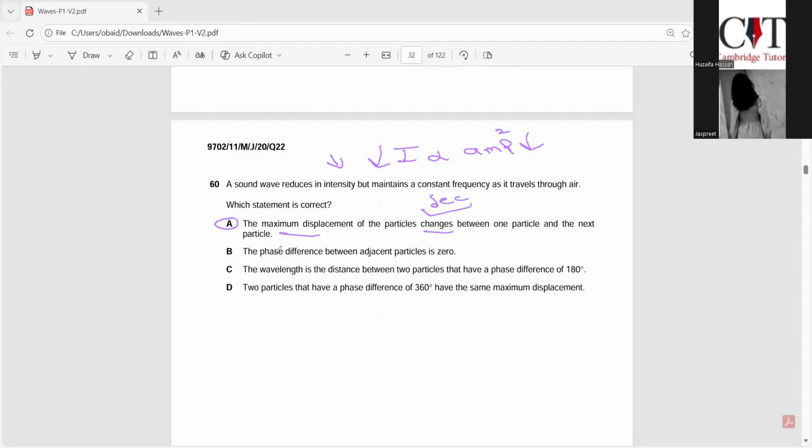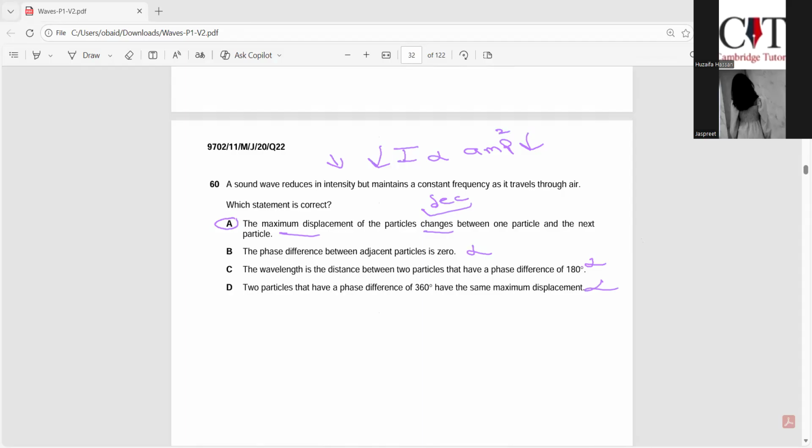A is correct here. The phase difference, no. Intensity does not change the phase difference. So all these points of phase difference are wrong. Is this question clear? It is also saying the constant frequency.